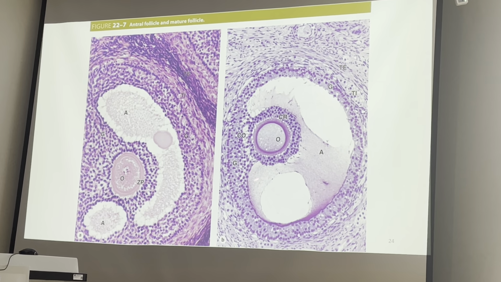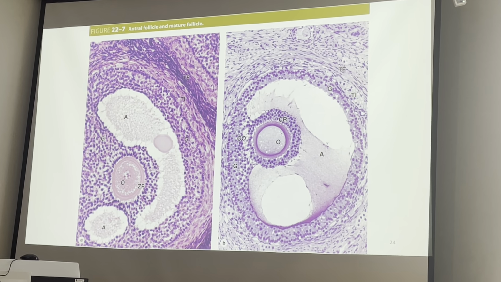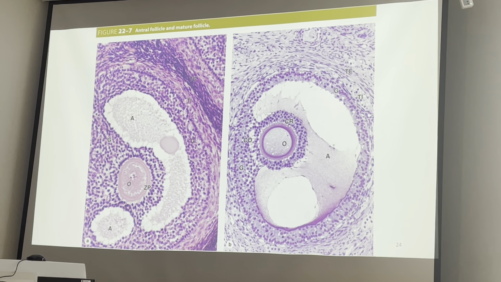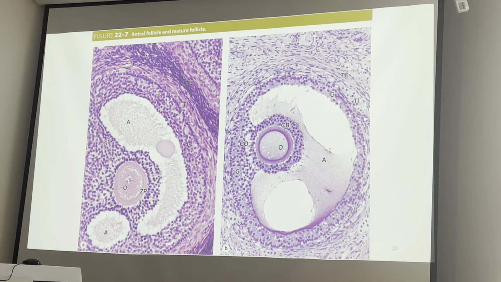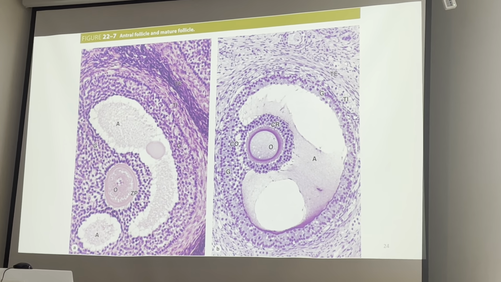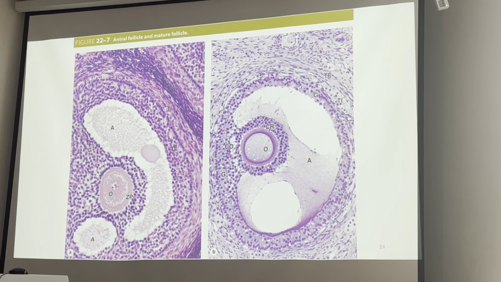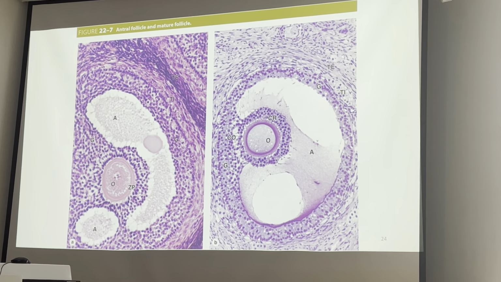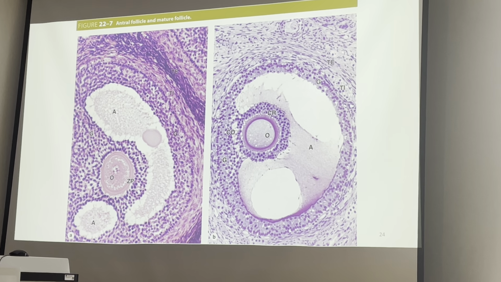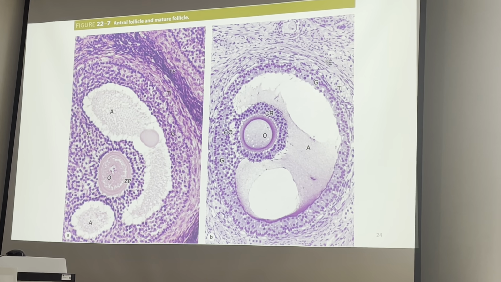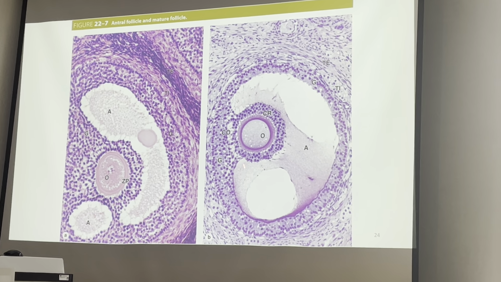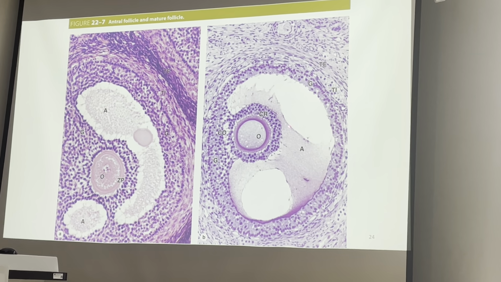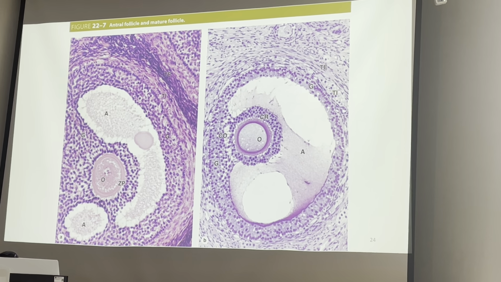Okay. What is the role of the granulosa cells? Protecting the oocyte. The other one, nutrition to the oocyte. They can transfer the nutrients. And also, they produce the antral fluid.